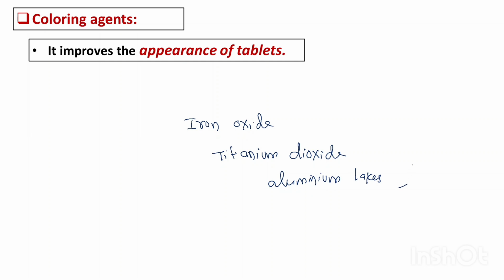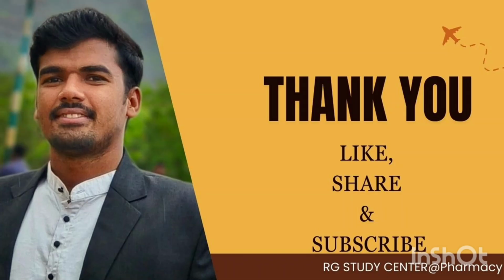So these are the different types of coloring agents used in tablet manufacturing to improve the appearance of the tablet, and also for the identification of specific tablets, right?